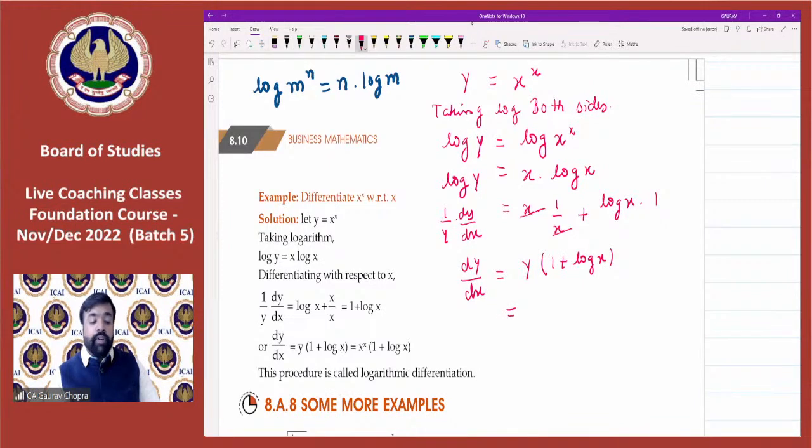And in place of y, we can write the value of y, that is x to the power of x multiplied by 1 plus log x. So this is the final answer: x to the power of x multiplied by 1 plus log x.